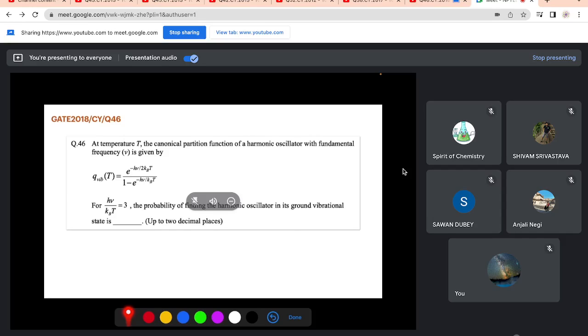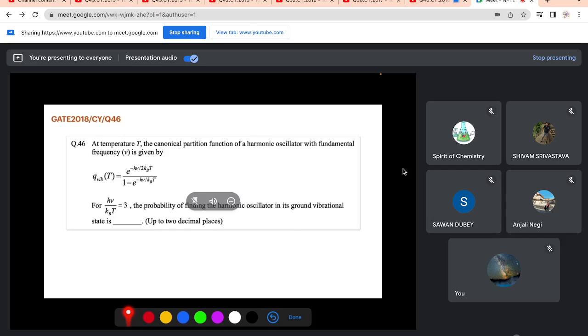Also, this energy expression E0, so we have to write the energy expression E0. For our harmonic oscillator, the energy expression is given as (nu plus 1 by 2) h cut nu, where nu is the vibrational quantum number.